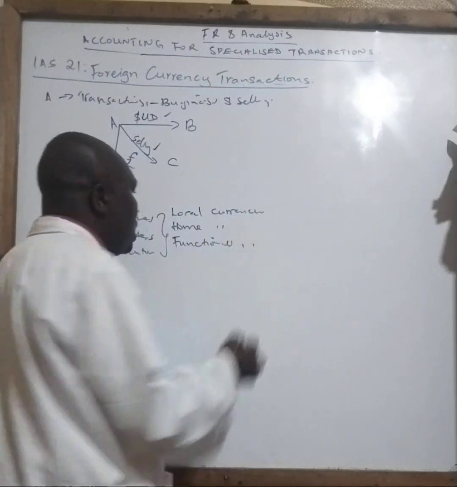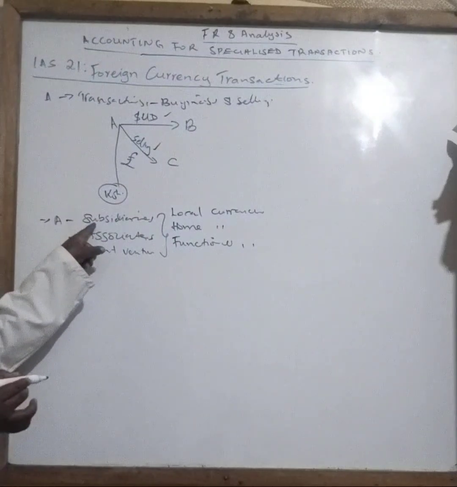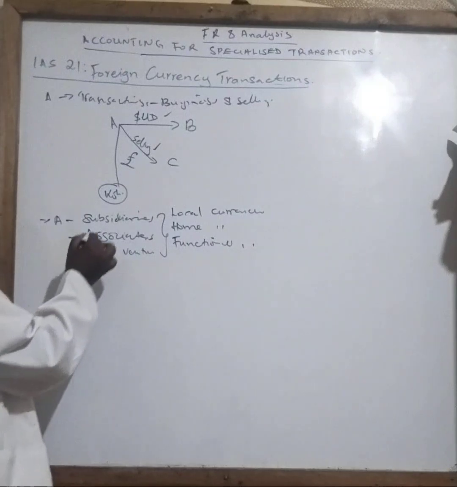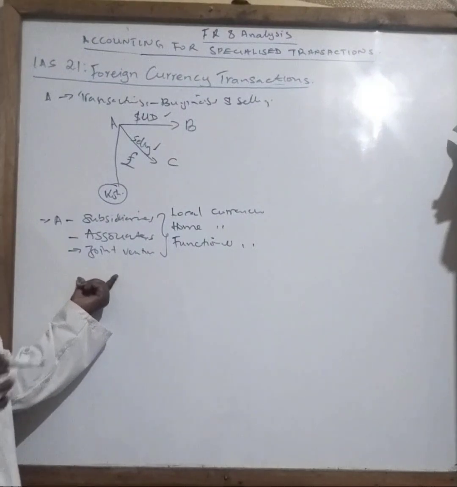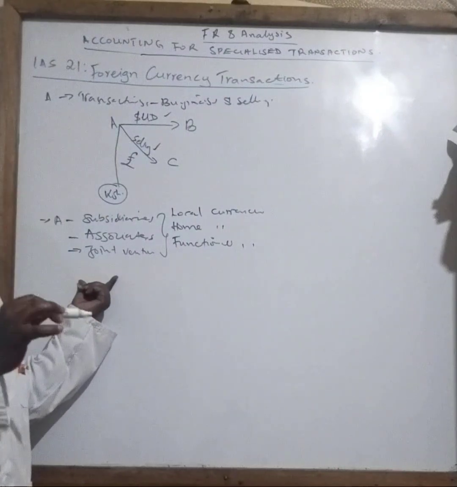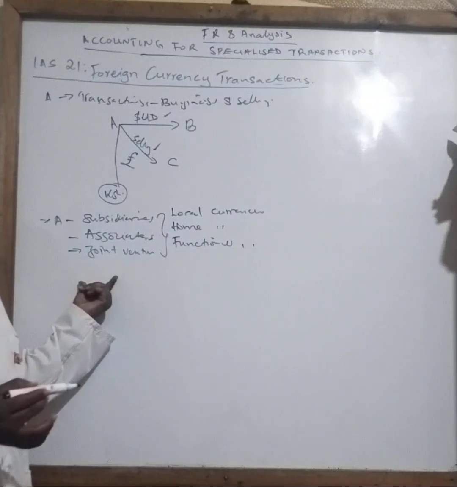Functional currency. So these are the main terms that will be used when it comes to a subsidiary company, associate company, and joint venture. Now, these three companies will be trading in that foreign country, buying and selling. They are buying using different foreign currency, then they are selling using different foreign currency.